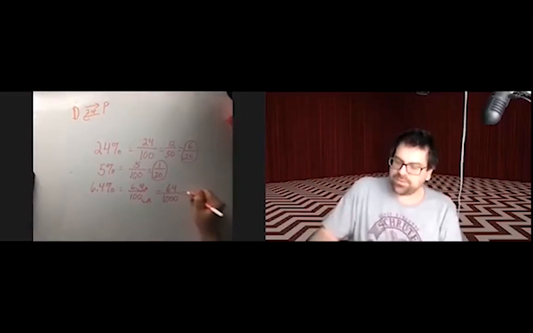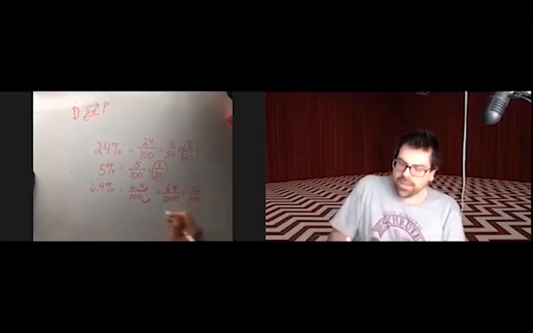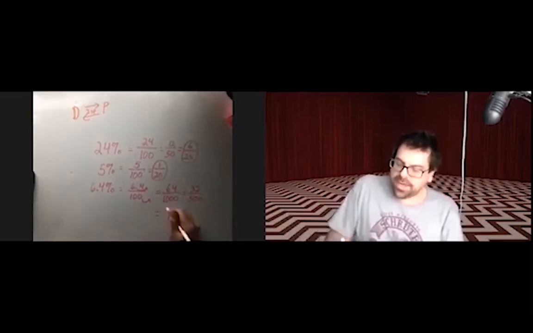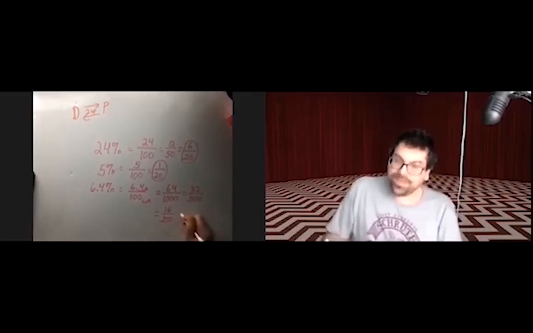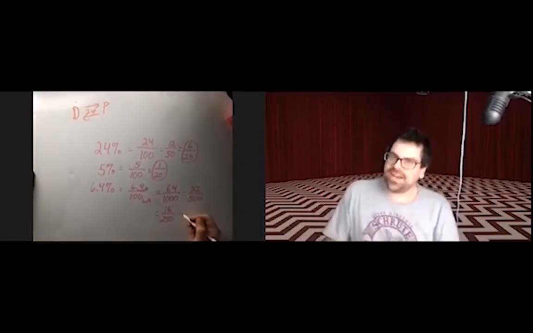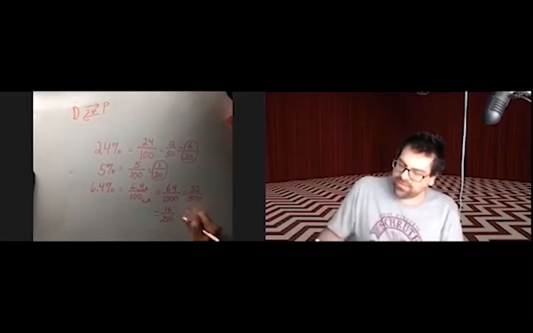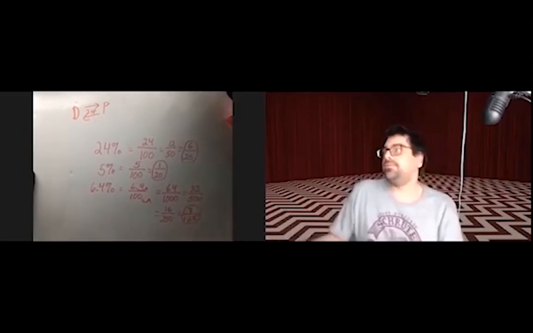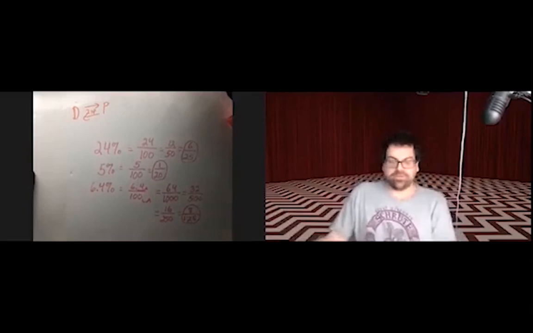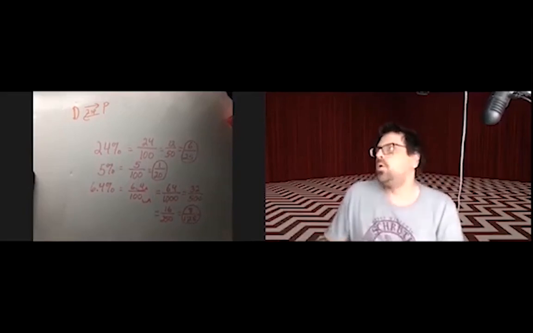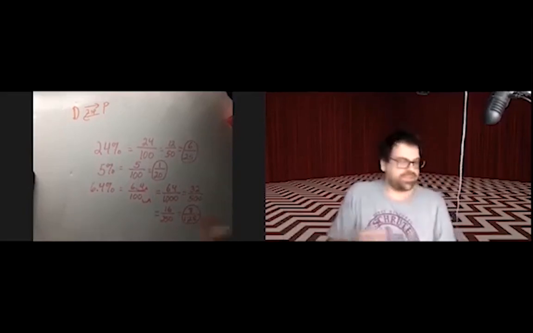Divide them both by 2. 32 over 500. They're both even. Divide them both by 2. 16 over 250. They're both even. Divide them both by 2. 8 over 125. So 6.4% is 8/125ths.